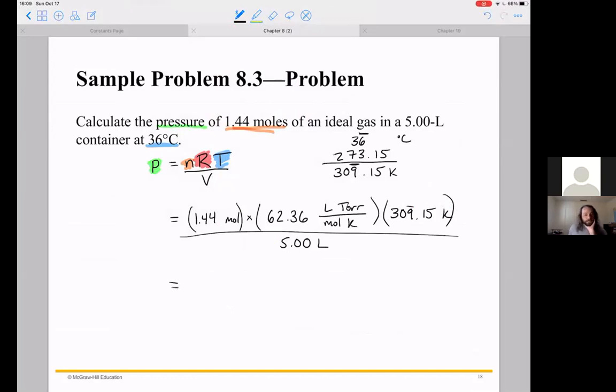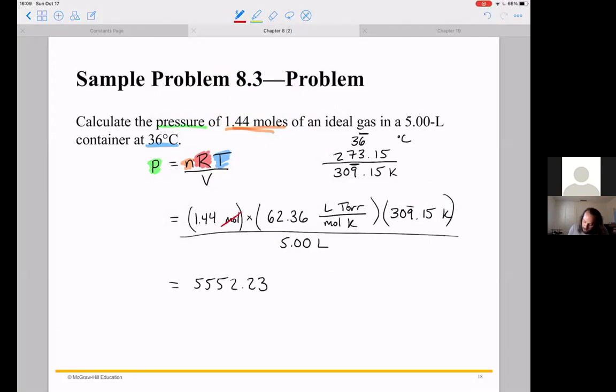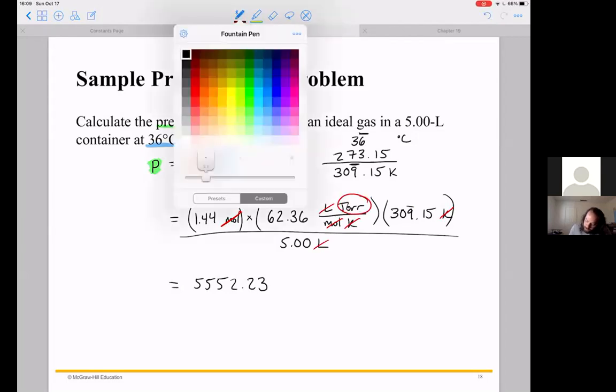Now when I punch this into my calculator, I'm going to get 552.23. And then when I go to figure out my units, moles will cancel, Kelvin will cancel, liters will cancel, and I'll be left with torr.